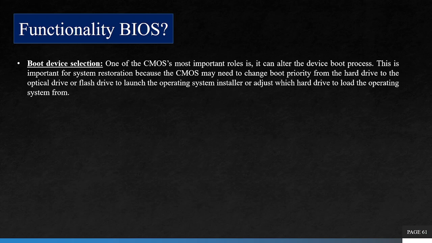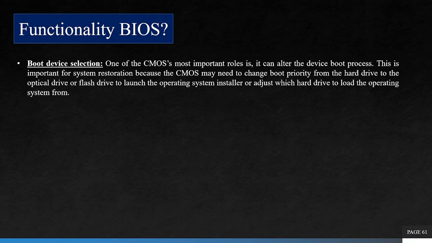Boot device selection means that by default all the process will carry over via the hard disk. But in some cases you want to change it. You want to change it to DVD, flash drive, or pen drive, you can do it. So there it will get activated based on which selection we are working on, right? So these are the few functionalities of the BIOS.